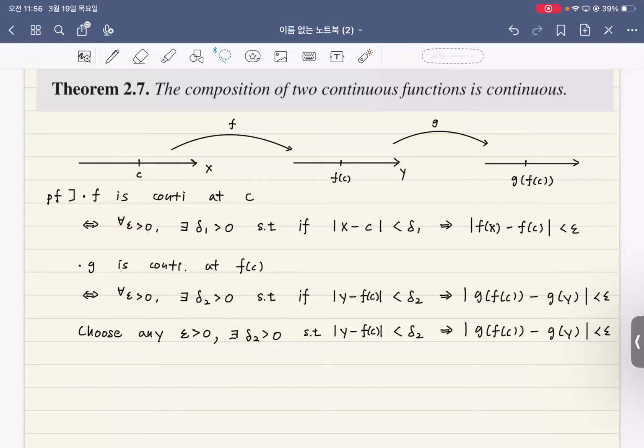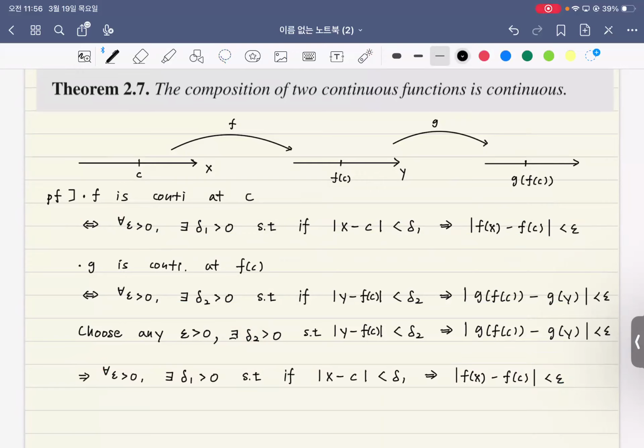Then for this given delta 2, I can find delta 1 such that if |x minus c| is less than delta 1, then |f(x) minus f(c)| is less than delta 2, right?